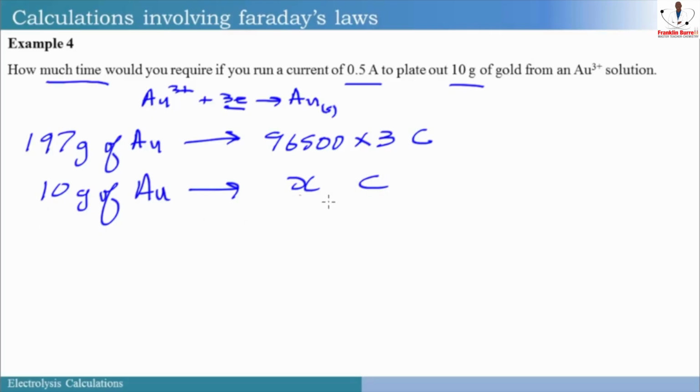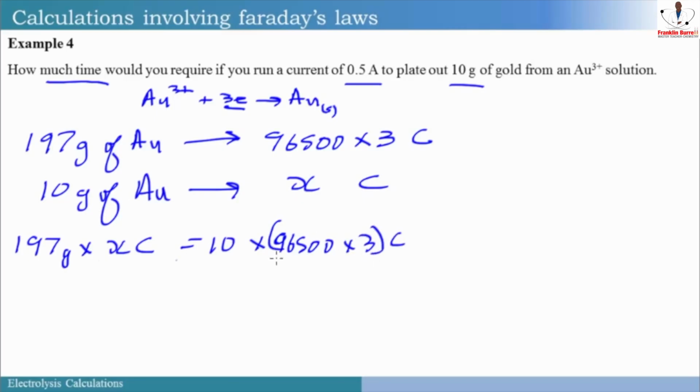So we can calculate Q, then we can find T. So in calculating that, that will be 197 grams times X coulombs is equal to 10 times 96500 times 3. That's coulombs. So let's calculate this section here.